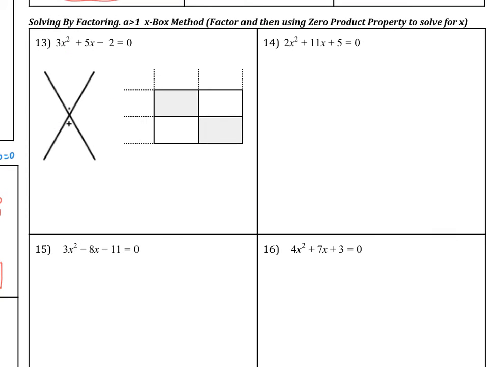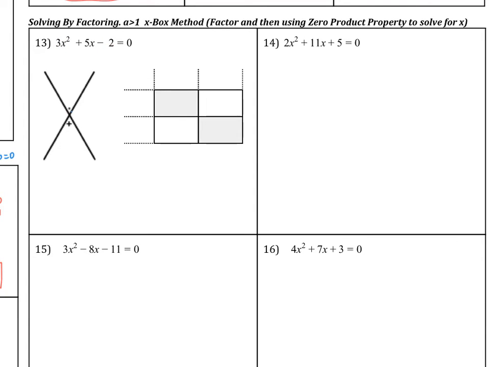For this section, we are going to solve the equation and factor the equation when a is greater than 1. So once it's greater than 1, then we are going to write on the top not just the last number, but the multiplication of the first and the last number.